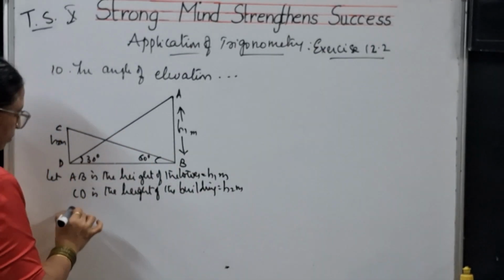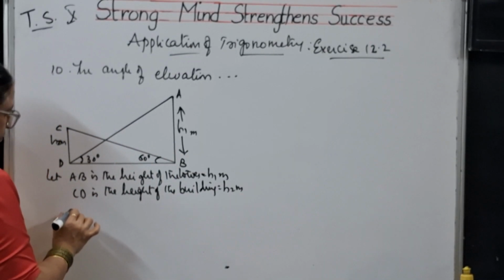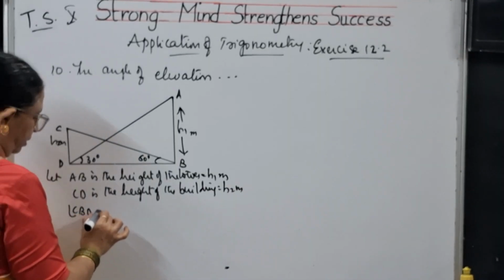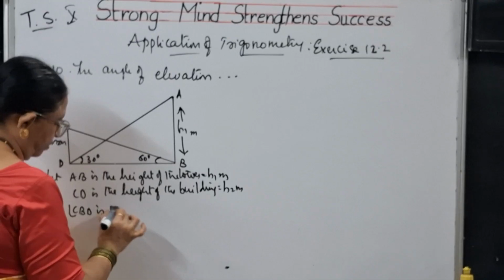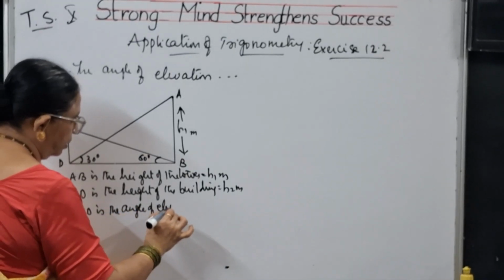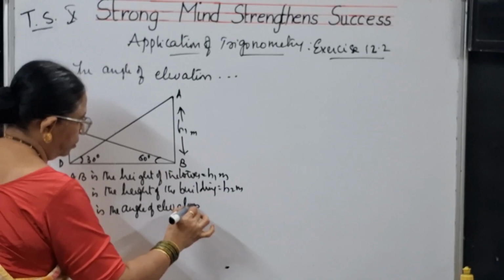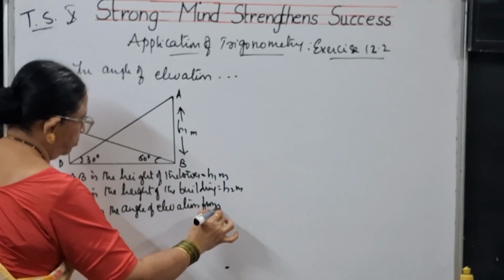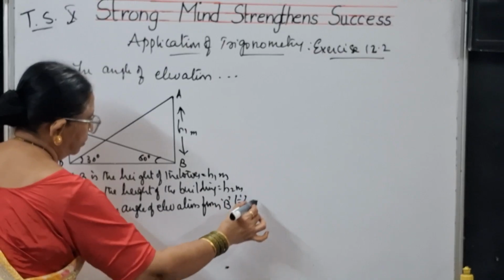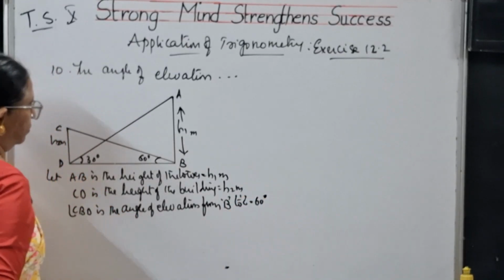Okay, now angle CBD is the angle of elevation from B to C, that is equal to 60 degrees.